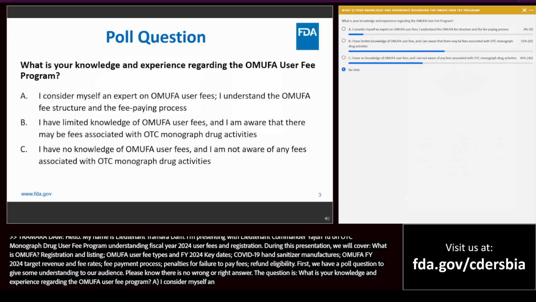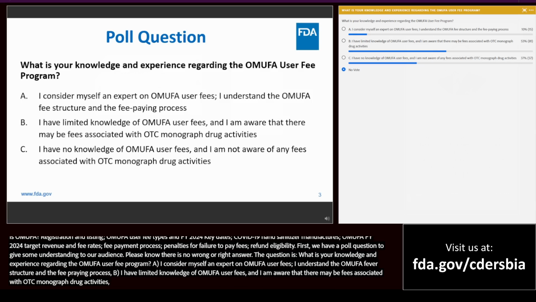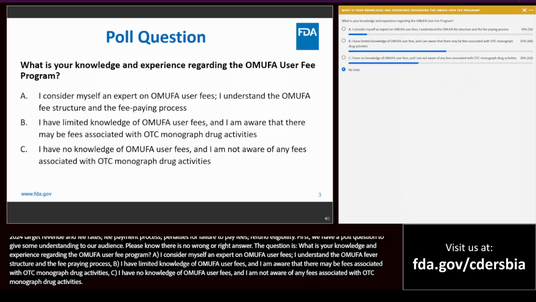B, I have limited knowledge of OMUFA user fees, and I am aware that there may be fees associated with OTC Monograph drug activities. C, I have no knowledge of OMUFA user fees, and I'm not aware of any fees associated with OTC Monograph drug activities. Hopefully, at the end of the presentation, we will get more A and B answers.